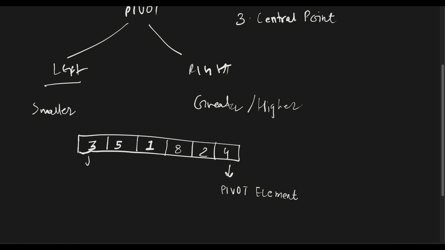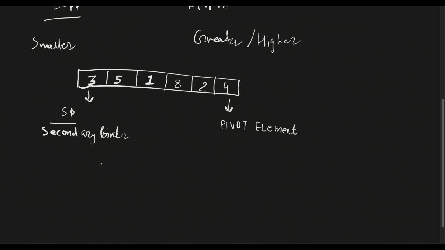And we consider this element as the SP, the secondary pointer, with which we will always do our comparison. Some take this as a pointer, secondary pointer i or j in the program. Pivot is our most important element, and this element is also important because using it we will do the comparison.